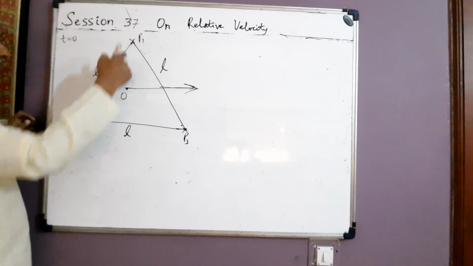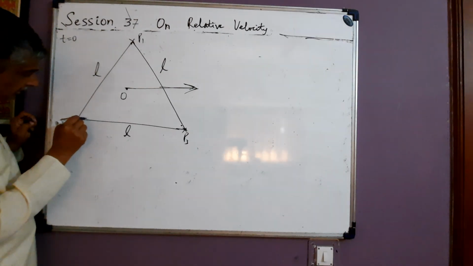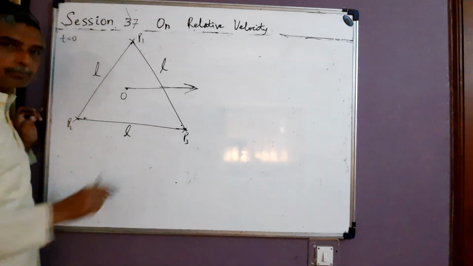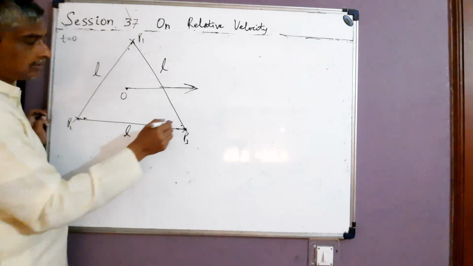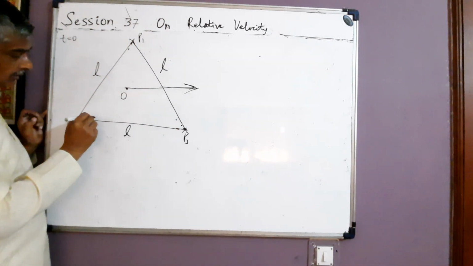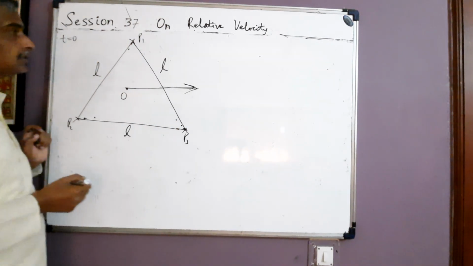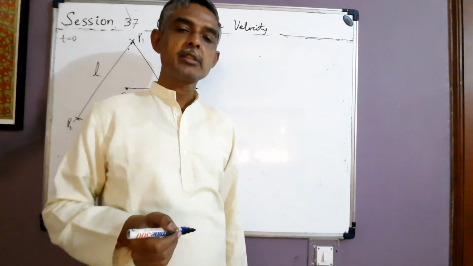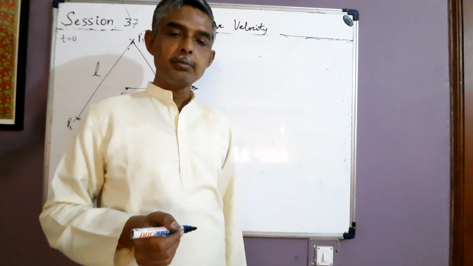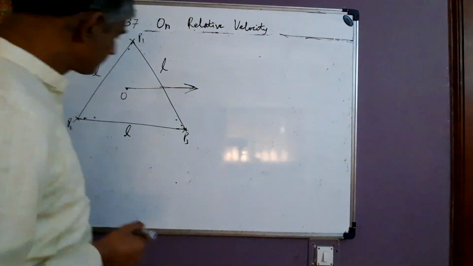And P3 comes here, P2 comes somewhere like here, so that its velocity is directed towards P3. Again, after a short time, P1 comes here, so P3 comes here, P2 comes here. So that at any instant of time, the velocity of P1 is directed towards P2, that of P2 is directed towards P3, and that of P3 is directed towards P1.